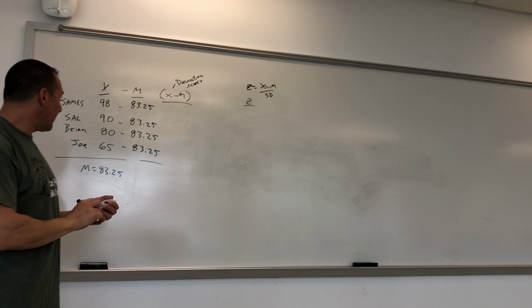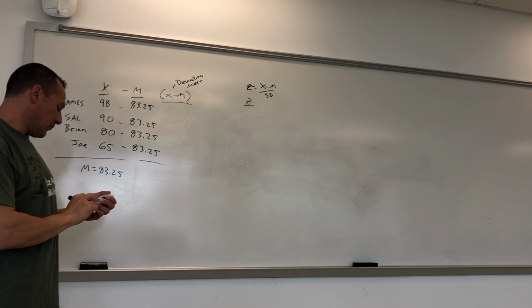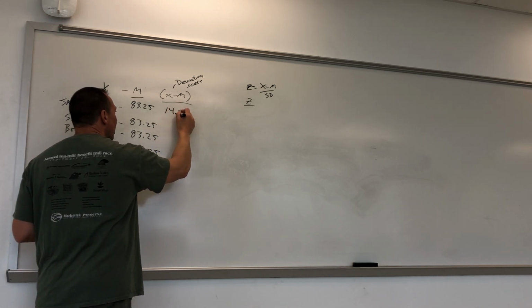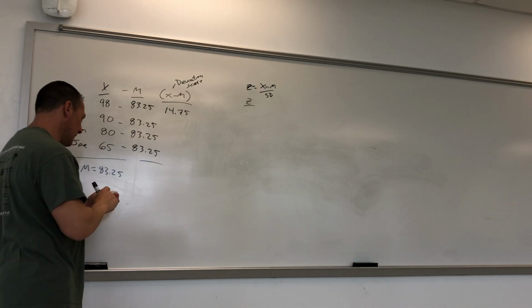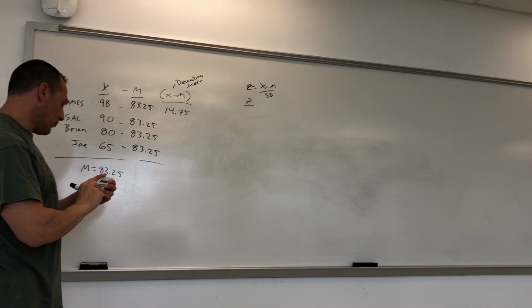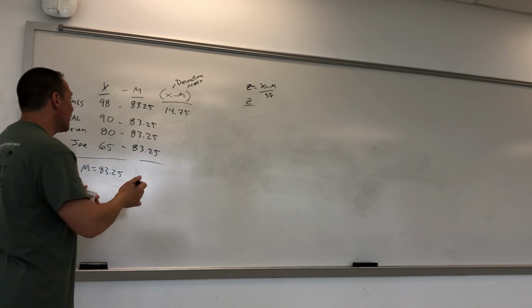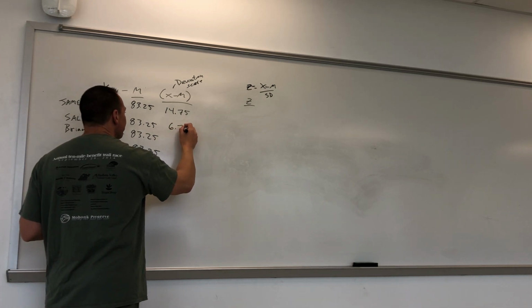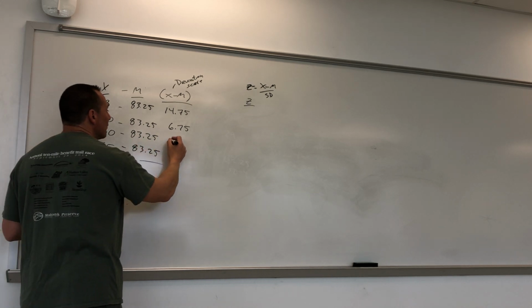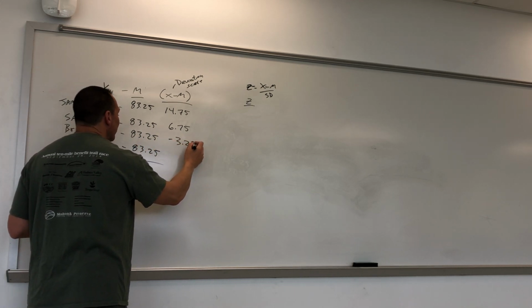So we got 98 minus 83.25, which is 14.75. 90 minus 83.25, which is 6.75. 80 minus 83.25 is going to be negative 3.25.